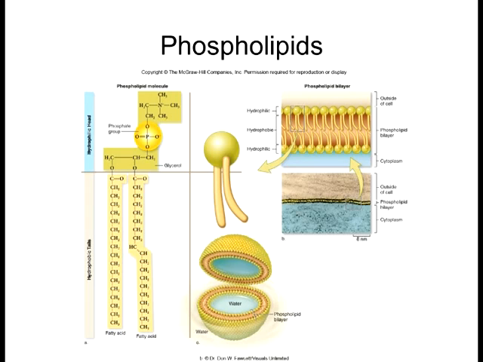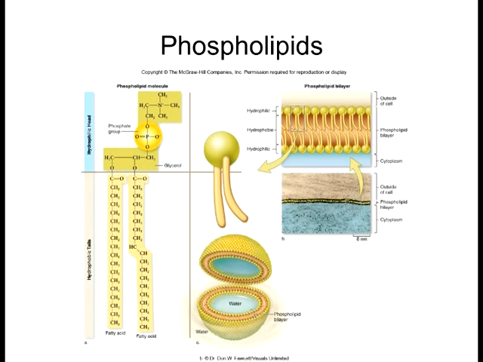Phospholipids are almost identical in their overall structure to triglycerides. Let's break it down. It has a glycerol, just like a triglyceride. It has fatty acid tails, and those tails can be saturated or unsaturated, just like triglycerides. But instead of having one more fatty acid tail, which is why we don't call it a triglyceride, attached to that third carbon is a phosphate and a nitrogen group.